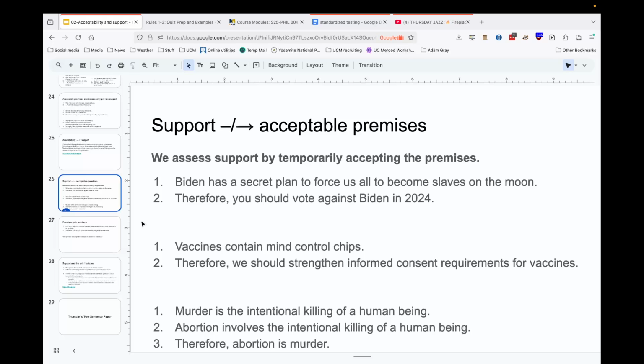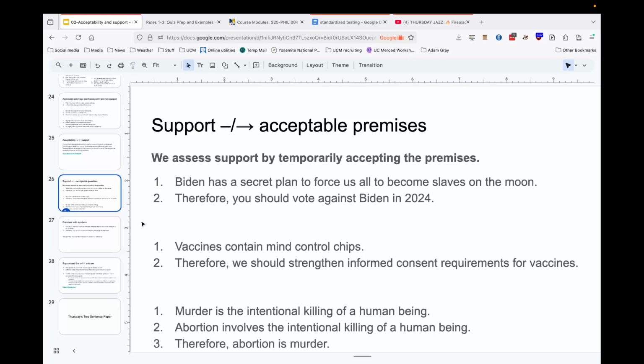But when we think about support, we temporarily accept the premise. For the moment, we'll accept the idea that vaccines contain mind control chips. If we accept that, then yeah, there's pretty good reason to strengthen informed consent requirements for vaccines, because no one should have a mind control chip implanted in them against their will.